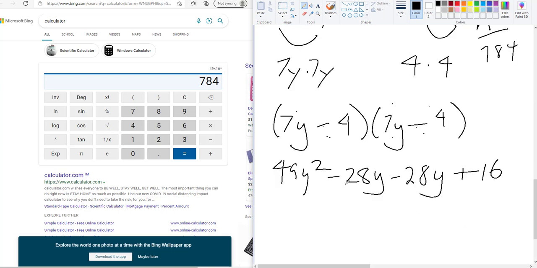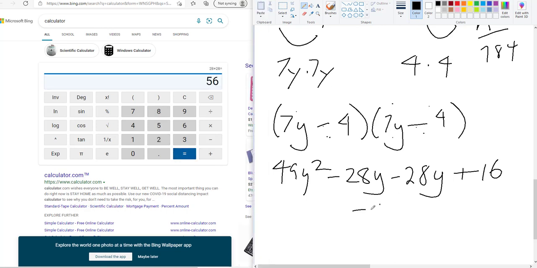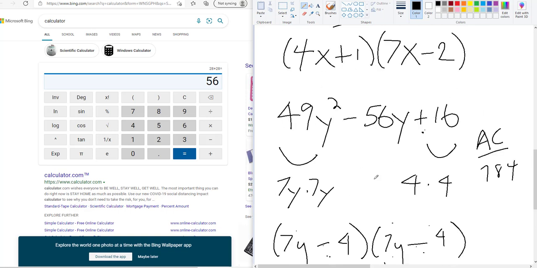And if I combine a minus 28 and a minus 28, 28 plus 28 is 56, so that's going to be negative 56y. So it does work.